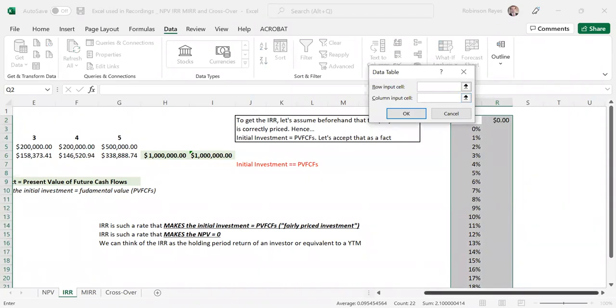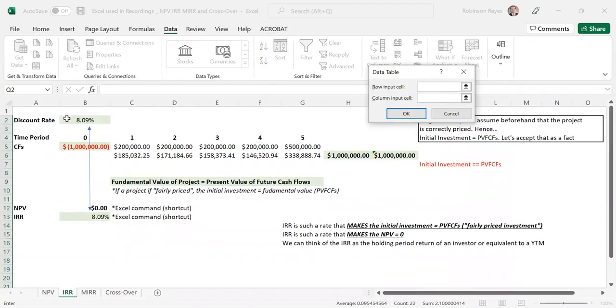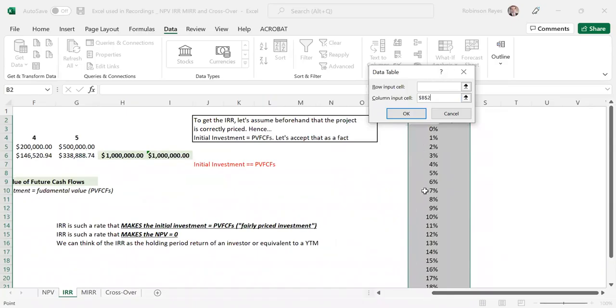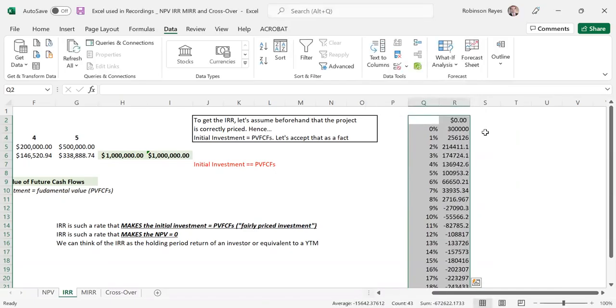We are telling Excel, I want you to change this cell, try all of these values I'm giving you in this left column one by one in this B2 cell, and then give me the net present value, right? So we do this and now we have the net present value.